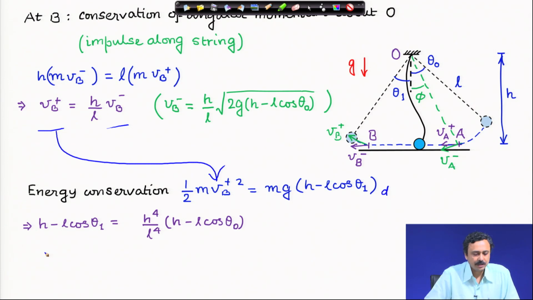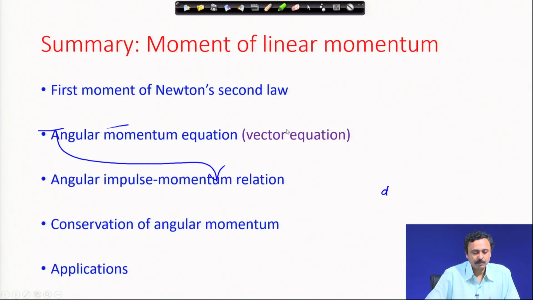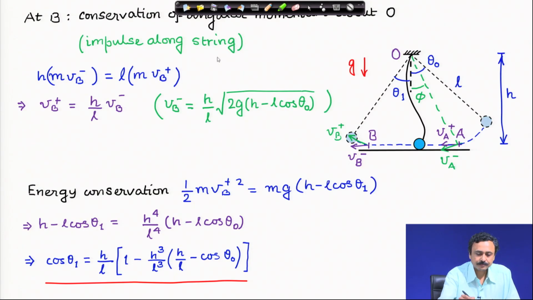This is straightforward algebra, you can do it and check how theta 1 is related to the other parameters. The cosine of theta 1 expression you can find out easily, in terms of h, L, theta naught, etc.